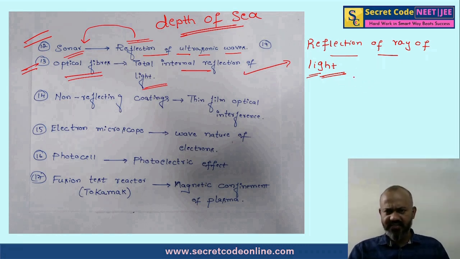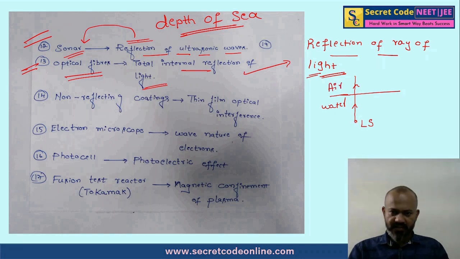I will give an example. Consider here one light source. LS we will call it light source, and from this light source light is emitting in this direction. One ray is going here. Let us consider this as water medium, and this as air medium.